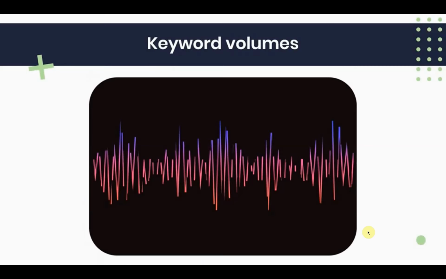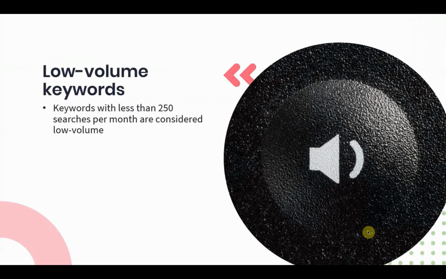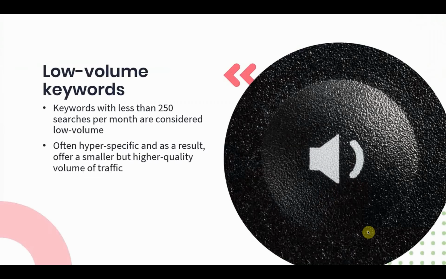Let's look into keyword volumes in a little bit more detail. Keywords with less than 250 searches per month are considered low volume. They are often hyper-specific, and as a result, they offer a smaller but higher quality volume of traffic.